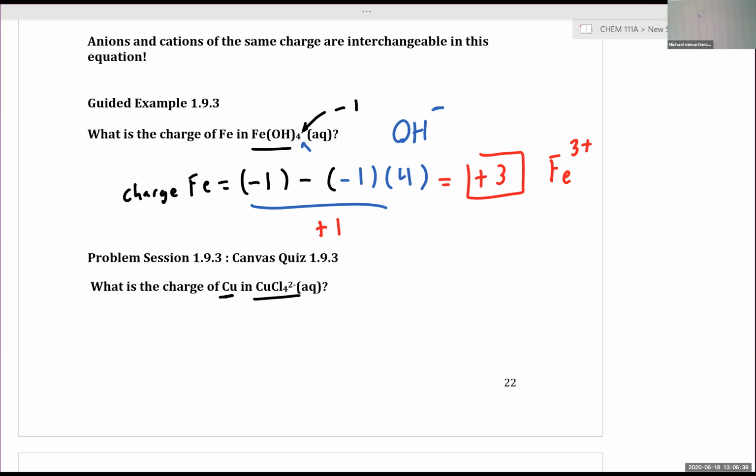Don't be shy to message me with your proposed charge assignment and any questions you may have on this example. Yep, this one will be posted on Canvas sometime tomorrow for you to reattempt.